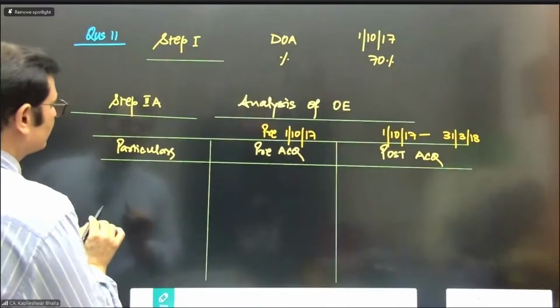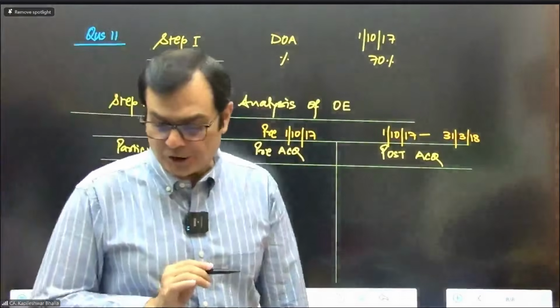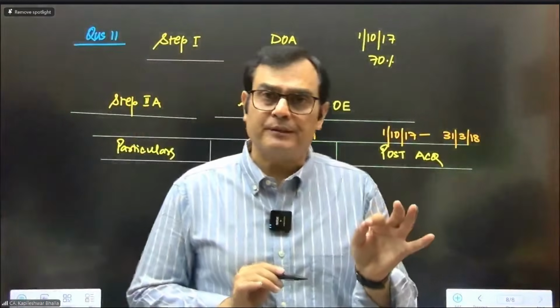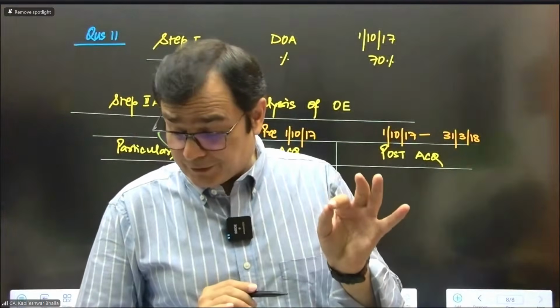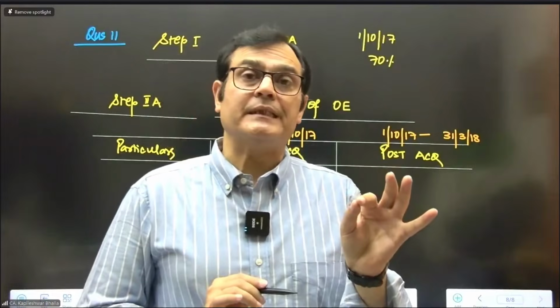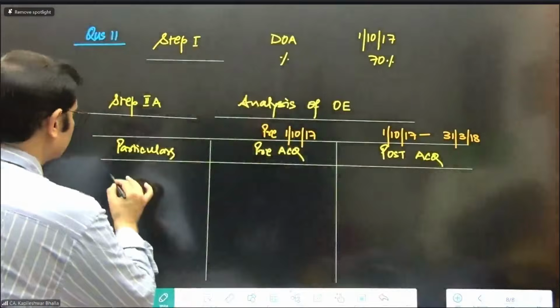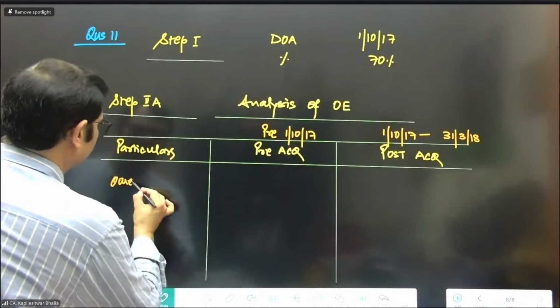Now, considering the three focus points, as I said, let's come back. In terms of the first one, we'll go back to the balance sheet of the subsidiary. If you see the balance sheet of the subsidiary, there are other reserves and there are retained earnings. So you need to pick them one by one. Focus point one. Let's consider first of all the other reserves.